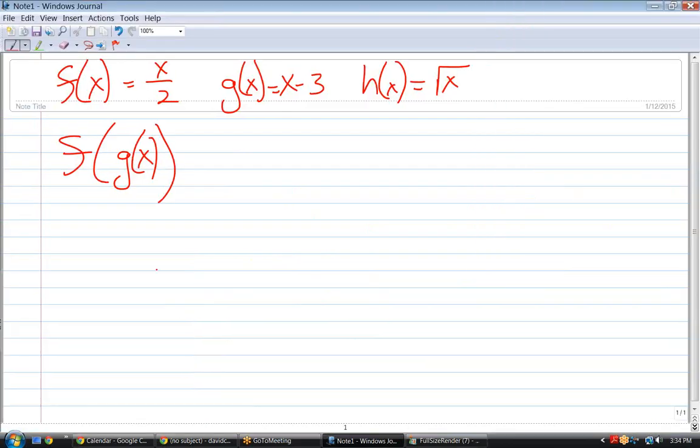First of all, if I said to you, what is f of 4, how would you figure that out? Plug in 4 for x in the equation of f. So that's equal to 2, right?